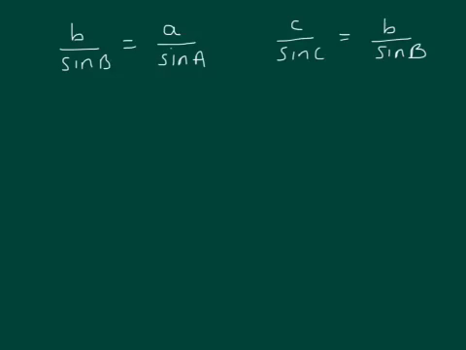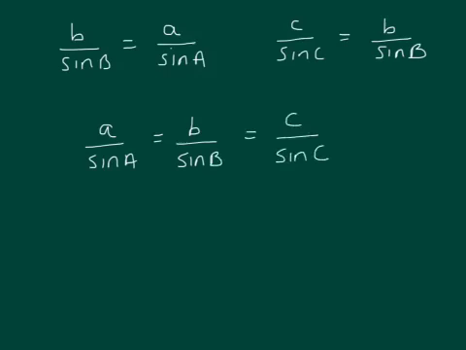So it's clear that if both A over sine A and C over sine C equal B over sine B, they must all in fact equal each other, which gives us A over sine A equals B over sine B equals C over sine C, which is the sine rule.